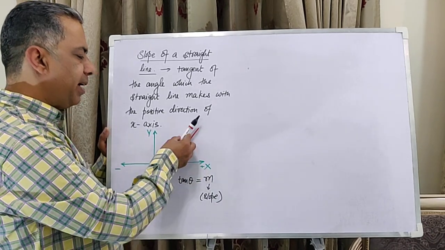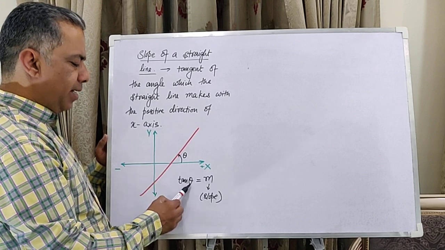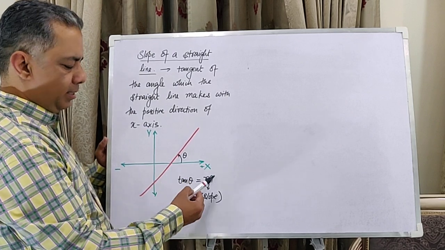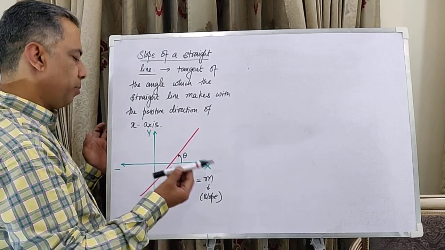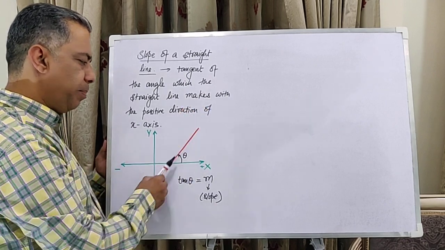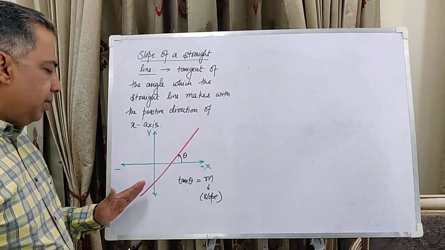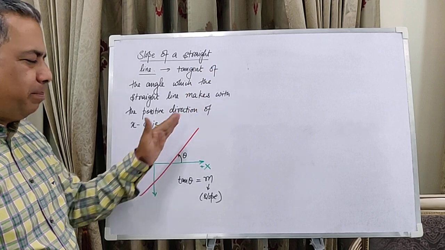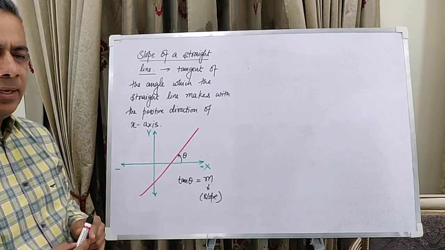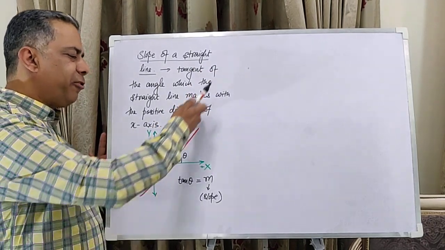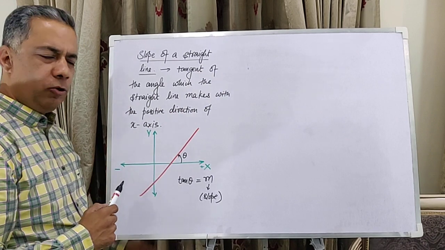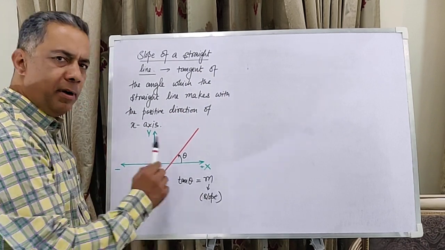This is a positive angle. Since the angle is positive, its tan is also positive, so this line has a positive slope. It is an upward climbing line. So for an upward climbing line, the slope is going to be positive.